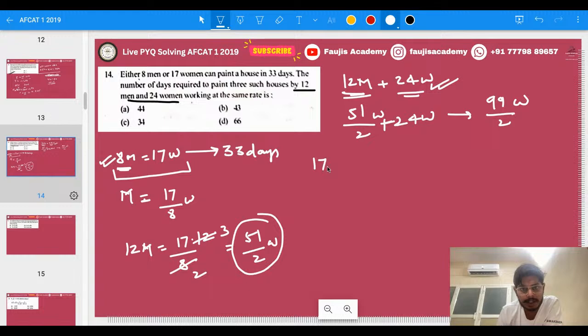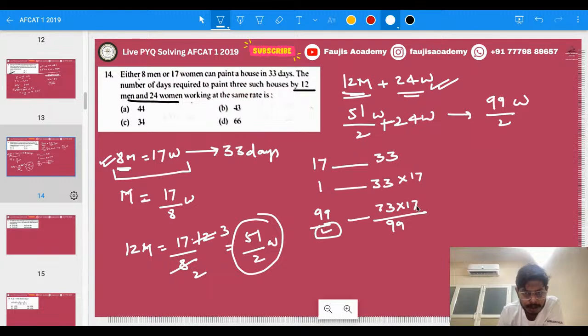Earlier, 17 women could do it in 33 days. That means one woman will take 33 into 17 days. That means 99 by 2 women will take 33 into 17 divided by 99 by 2. This 2 will go into the numerator.